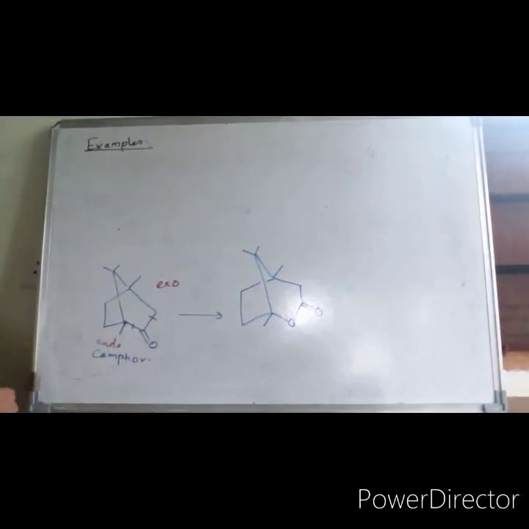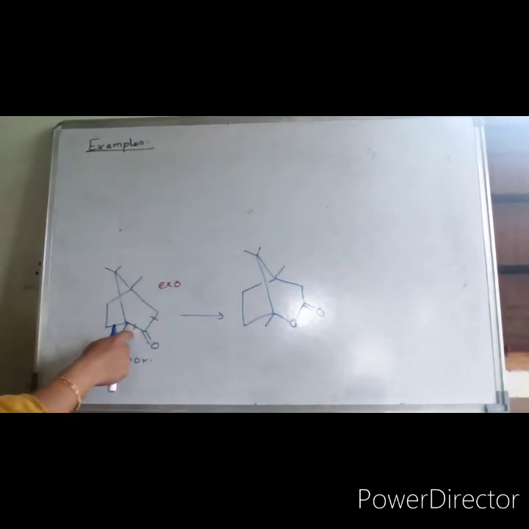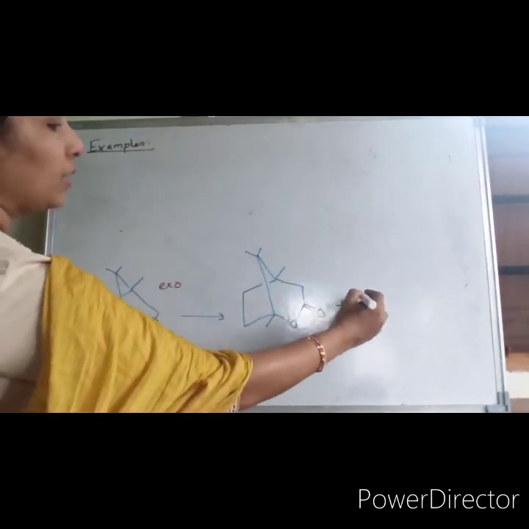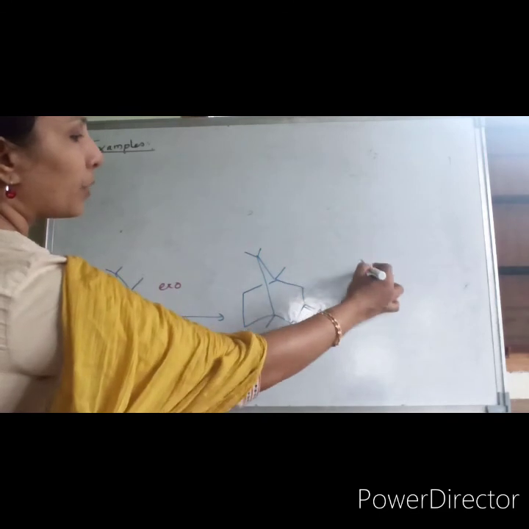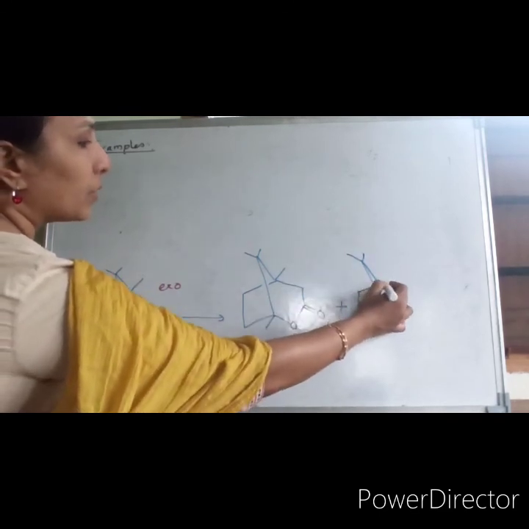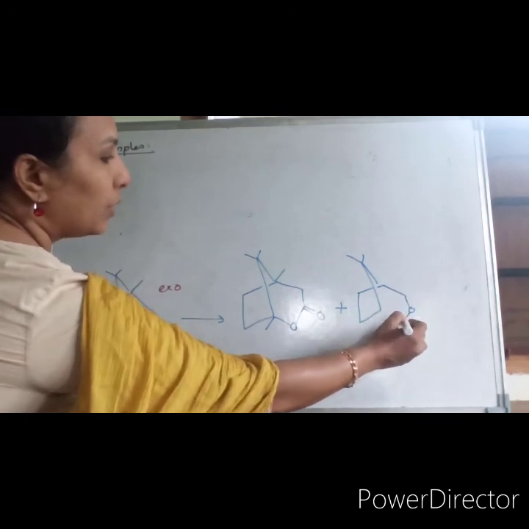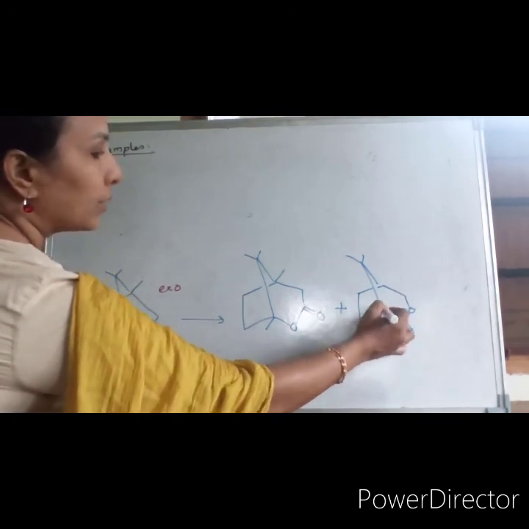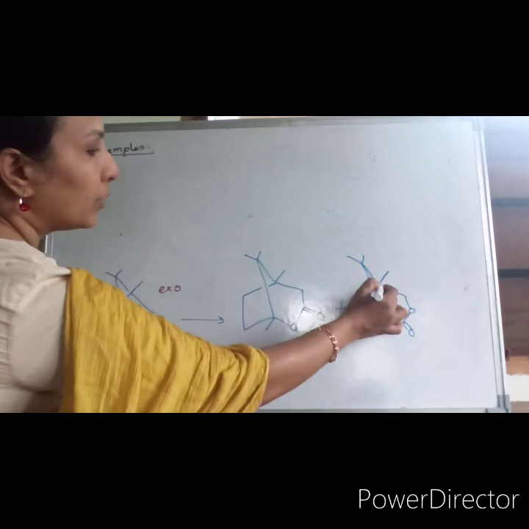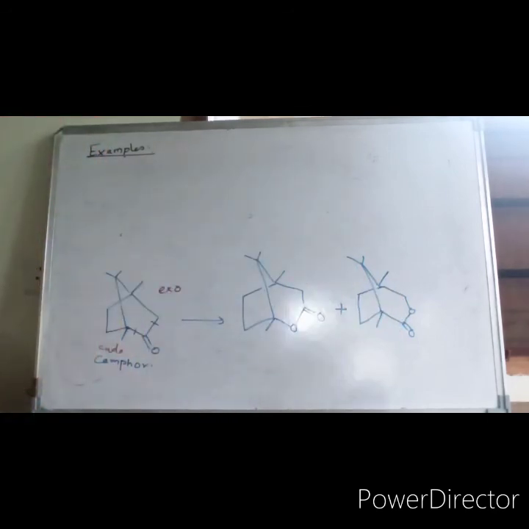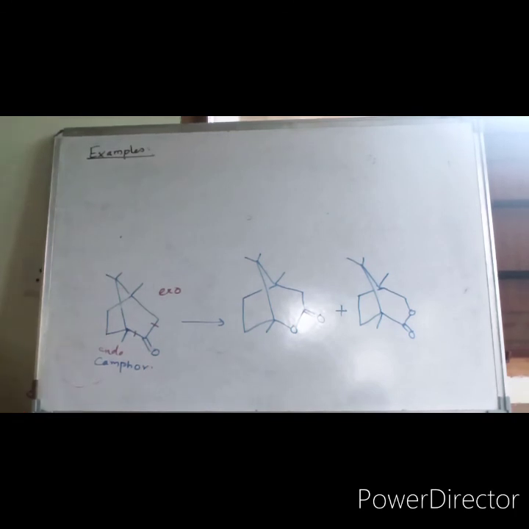Here I have written a product with this group migration, plus you will be getting the other product also. So here oxygen, double bond O, like this. Here methyl group, here methyl group. So this is also formed. So you will be ending up with a mixture of products where both the exo face and endo face are prone to oxidation equally because both are equally crowded.